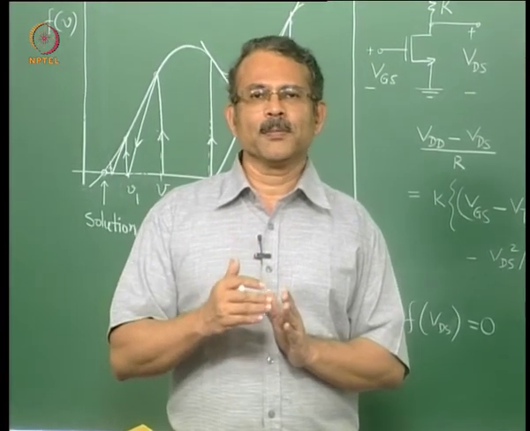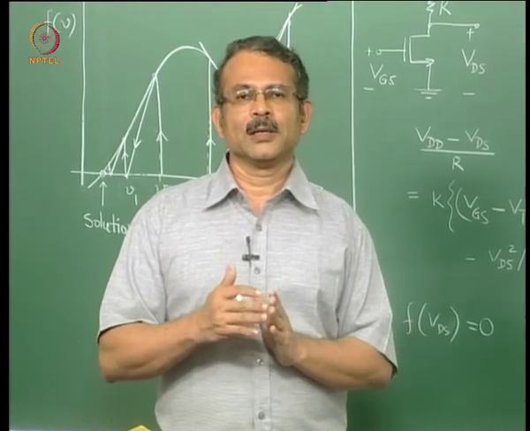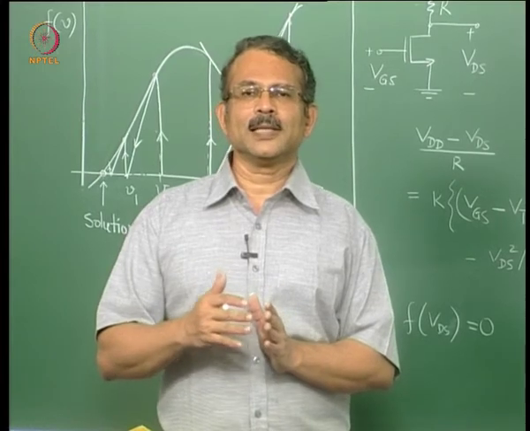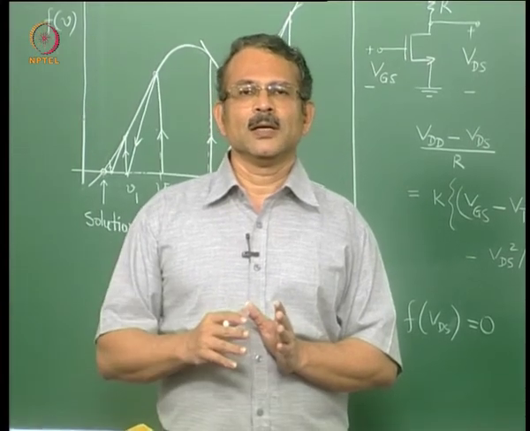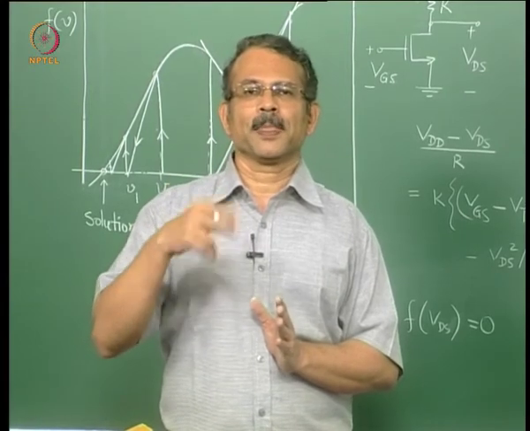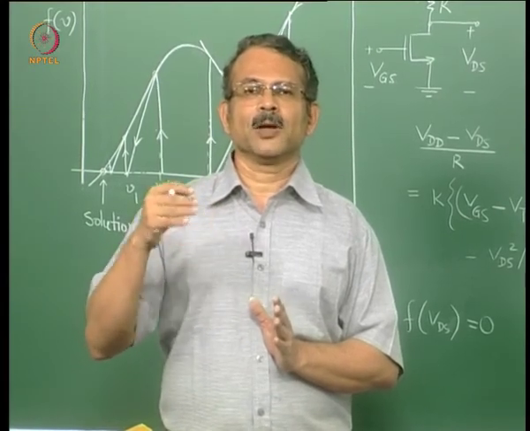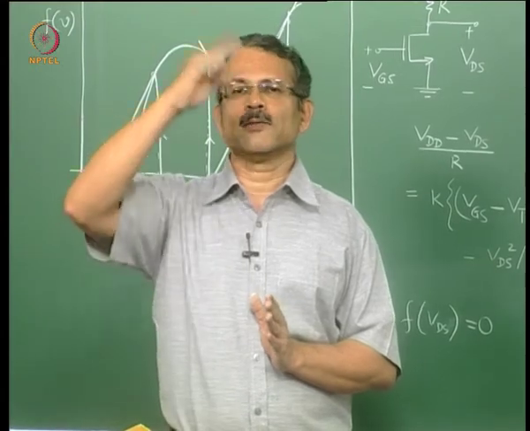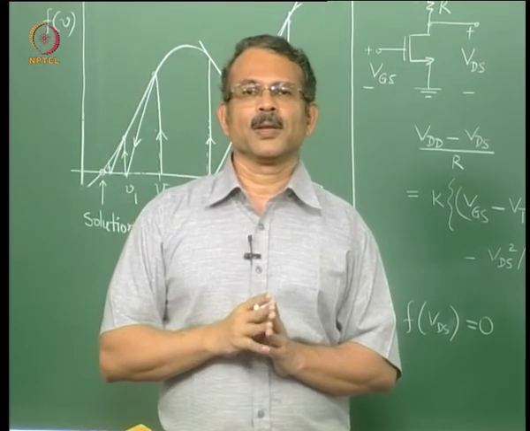Even if you take your voltage across the device to unrealistically very high values, which can happen during circuit simulation when you are trying to solve the circuit mathematically, because we do not know at any instant of time what are the voltages at various nodes.